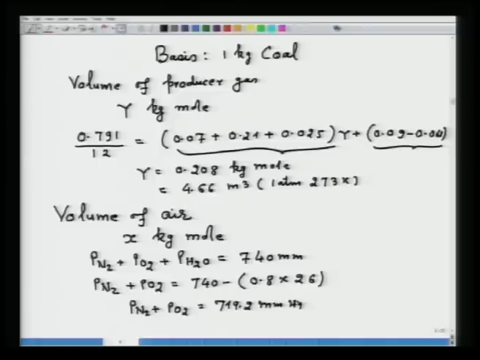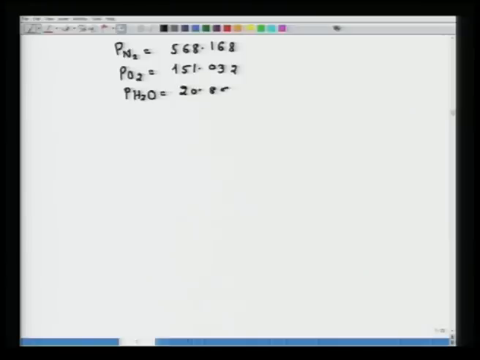Now, this 719 will be divided in the ratio 79 to 21. So, I can get now PN2 as 568.168 millimeter mercury, PO2 as 151.032 and PH2O as 20.800, they are all in millimeter mercury.